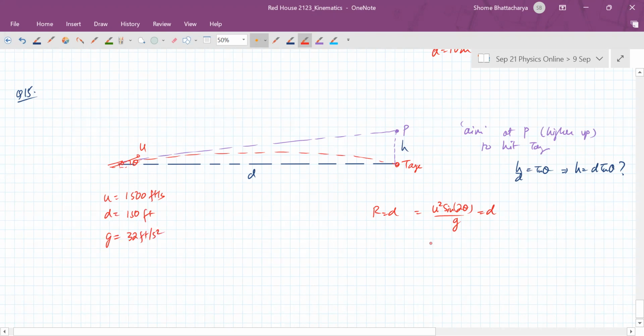So this equation becomes 1500 square into sine 2 theta divided by 32 is 150. So getting sine 2 theta, (1500 into 10), right? So 15,000. So getting sine 2 theta nearly as 1 by 500. So nearly as 0.002.